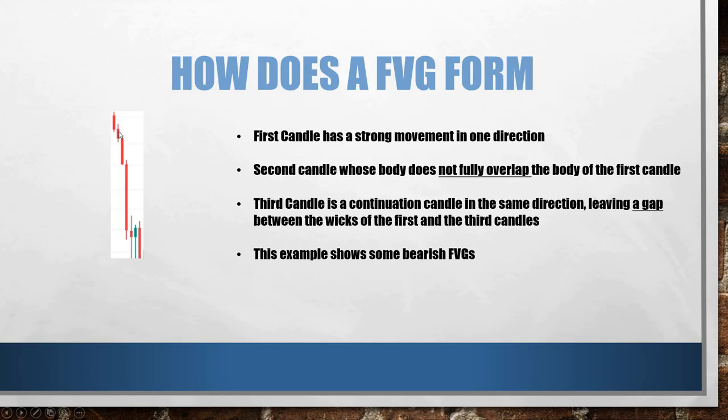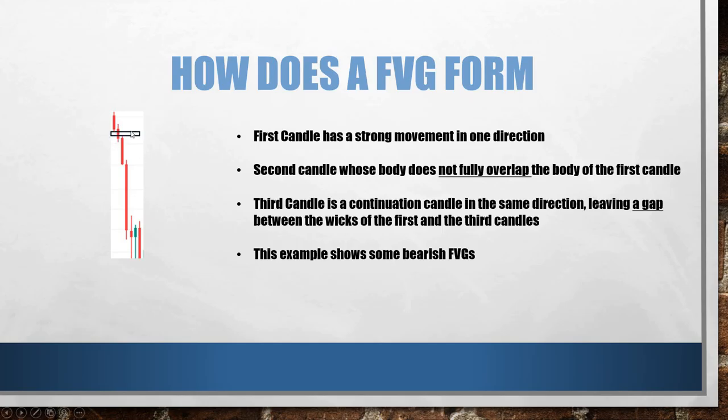The second candle should have a body separate from the first one, so they're not overlapping. Right, so you can see a second candle, and the third candle is a continuation candle in the same direction, thus leaving a gap between the bottom wick of the first candle and the top wick of the third candle.